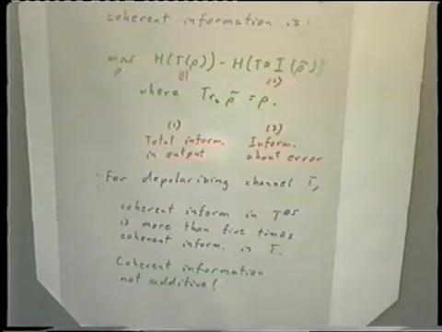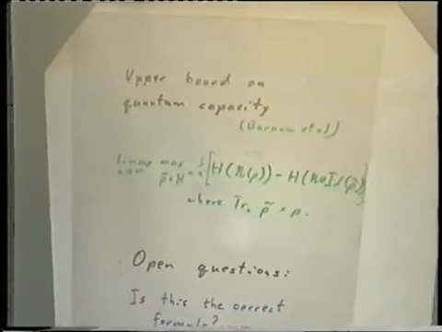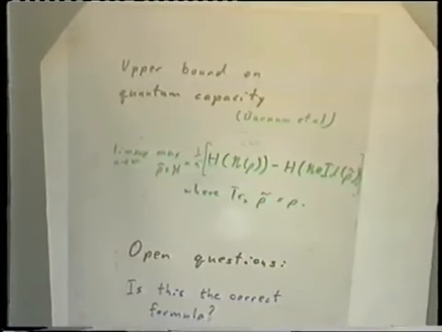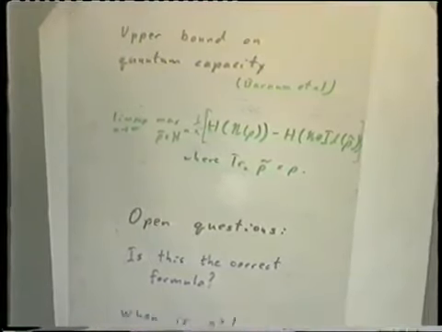So what that means is that coherent information isn't the right answer, but you can ask, well, if you take the limit as n goes to infinity of the coherent information in n uses of the channel, is this the right answer for the capacity of a noisy quantum channel?